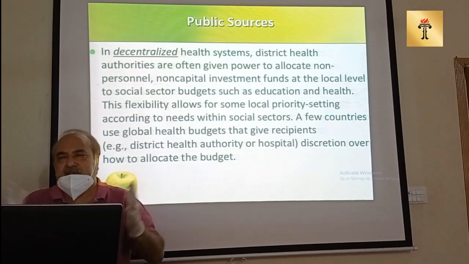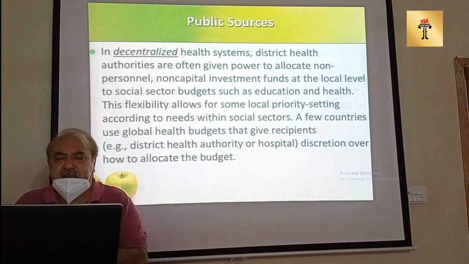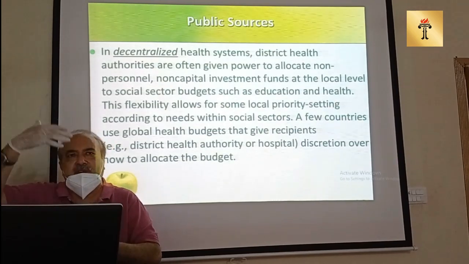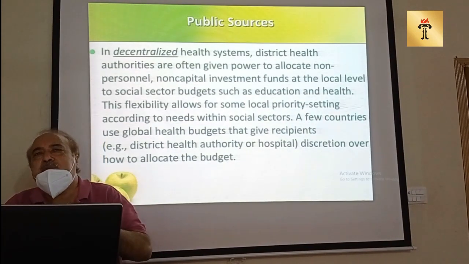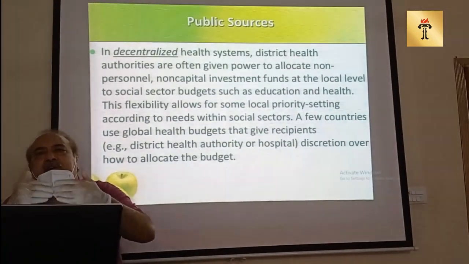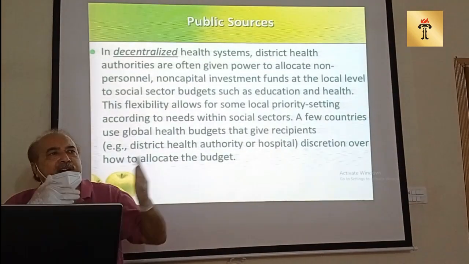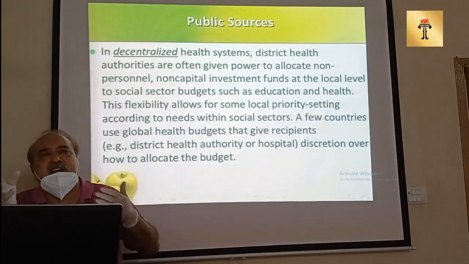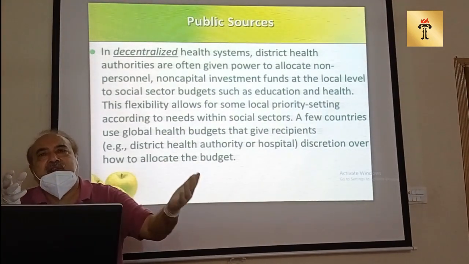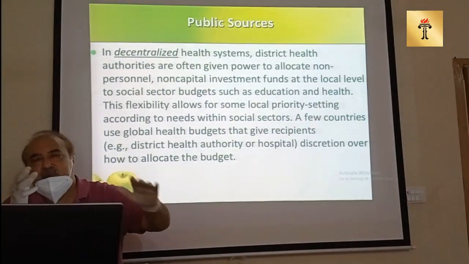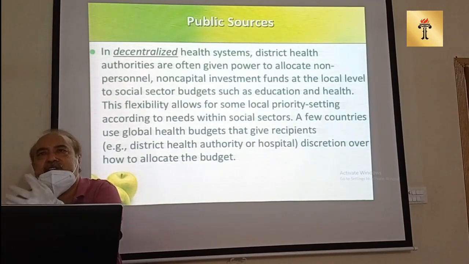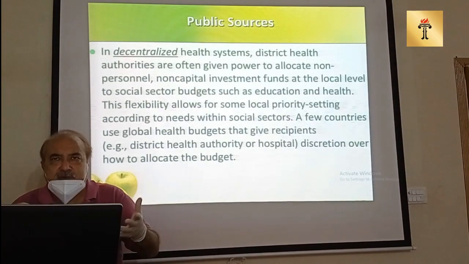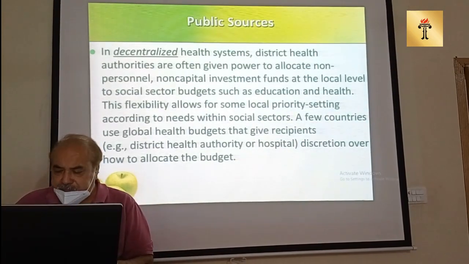All the non-teaching hospitals are in their control. And of course, the provincial governments provide budget to the district health authorities, and the specialized hospitals and teaching hospitals get budget directly from the provincial governments, or they generate their own revenue as well.